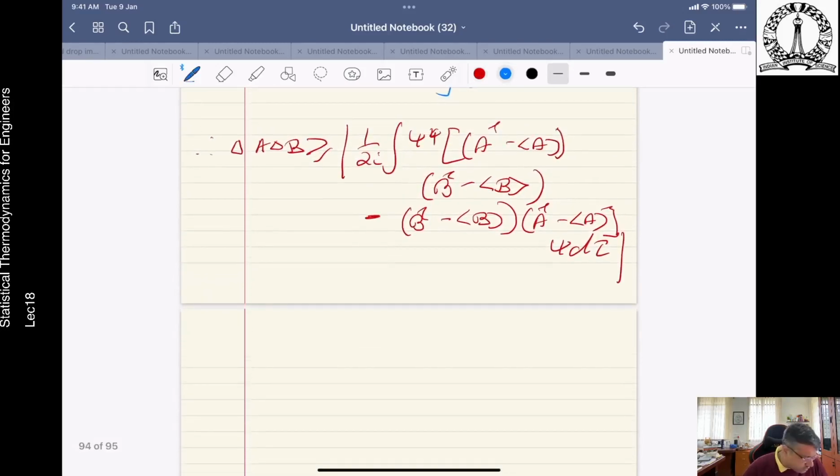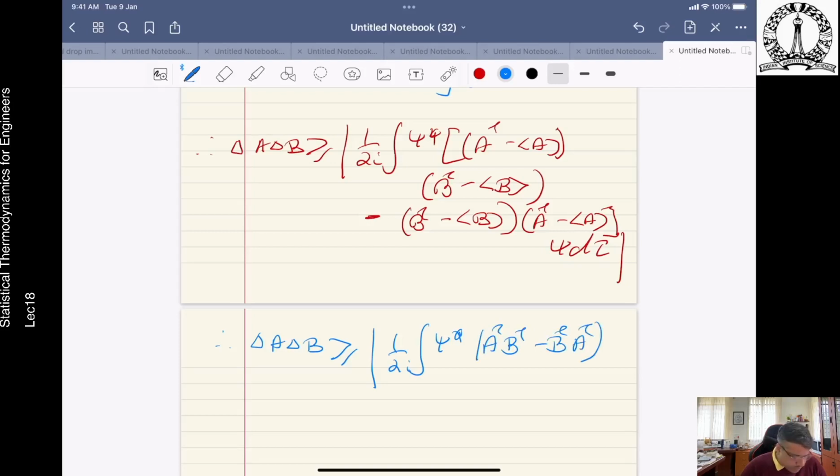Now further, delta A into delta B, therefore, this part is equal to theta.